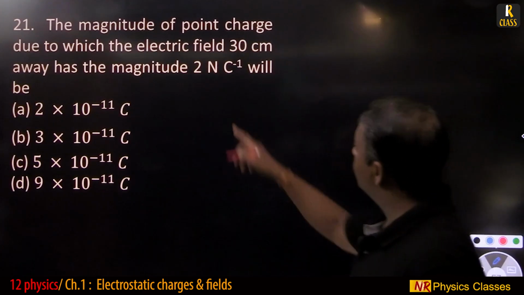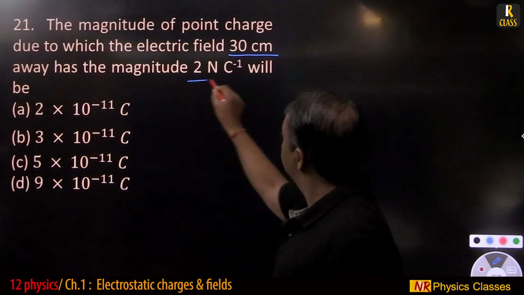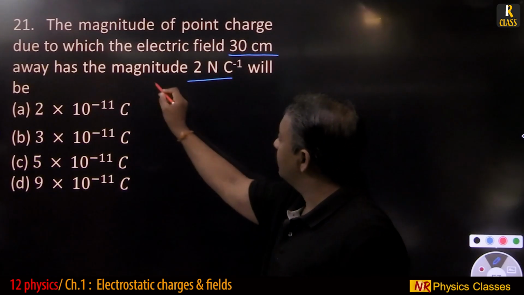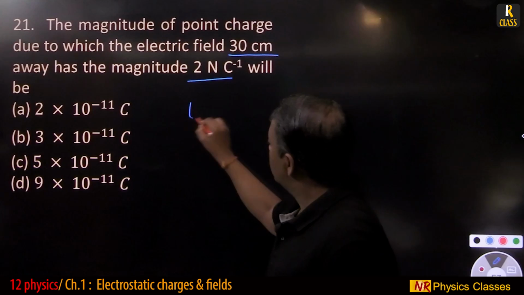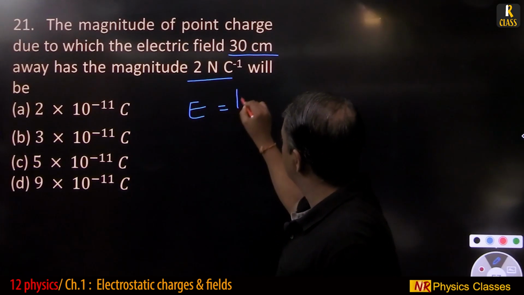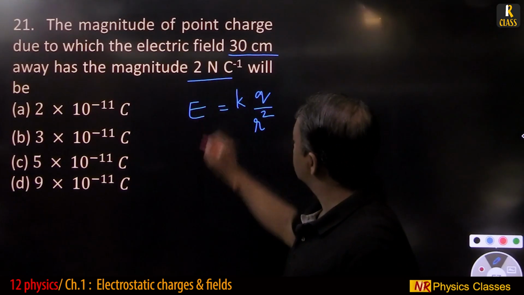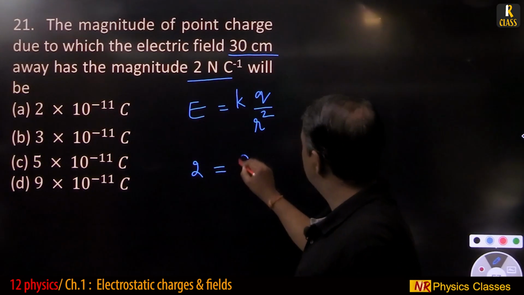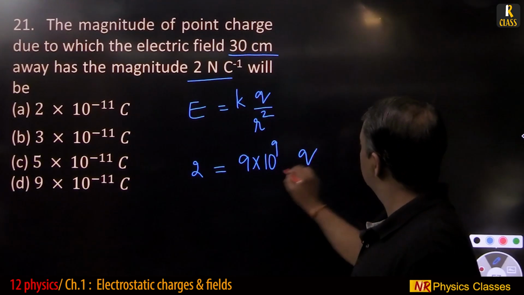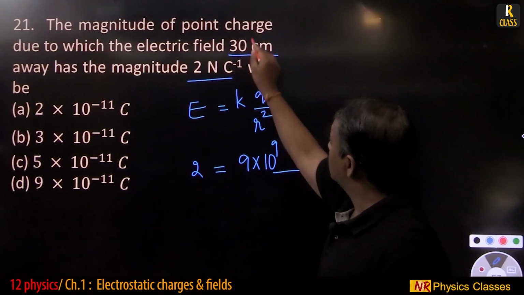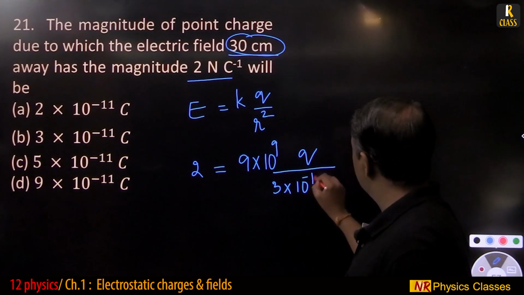The magnitude of point charge due to which the electric field 30 centimeter away is given. Direct question, isn't it? Electric field equals constant into q by r square. Electric field is 2, constant is 9 into 10 to the power of 9, charge wanted, by distance square. 30 centimeter is 3 into 10 to the power of minus 1, squared.